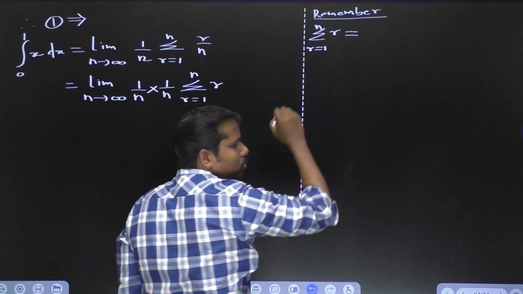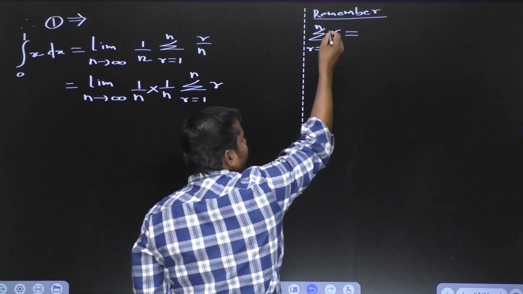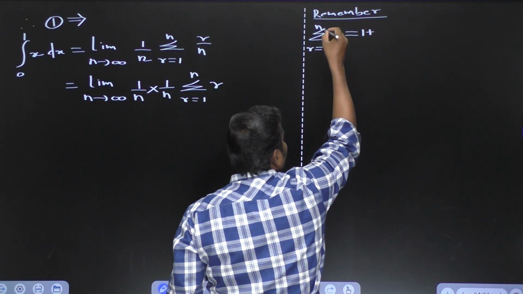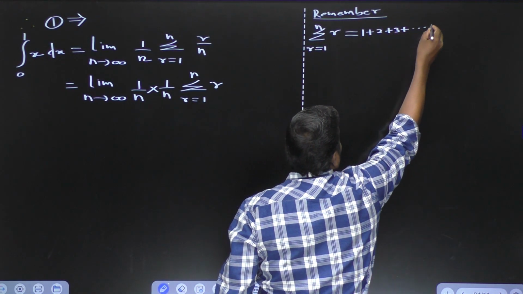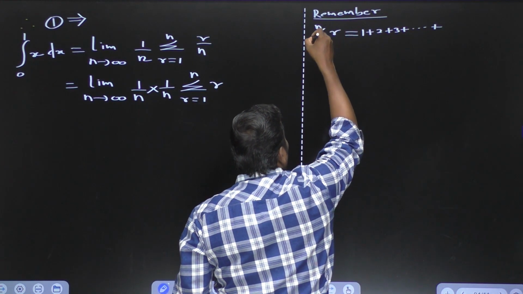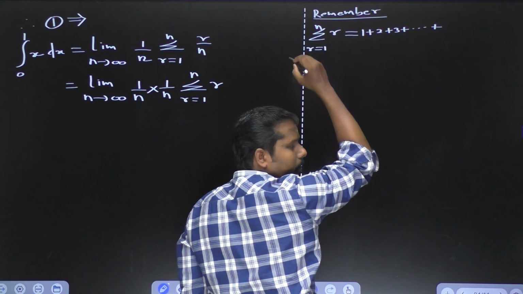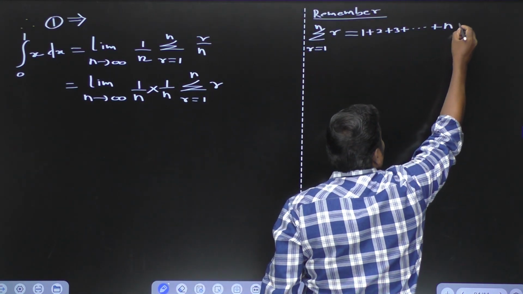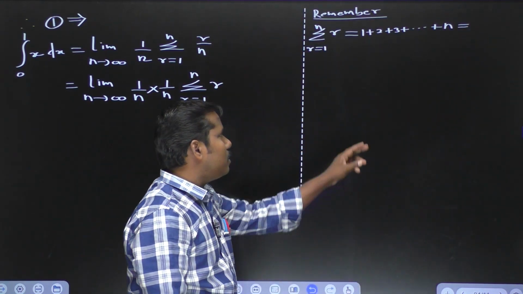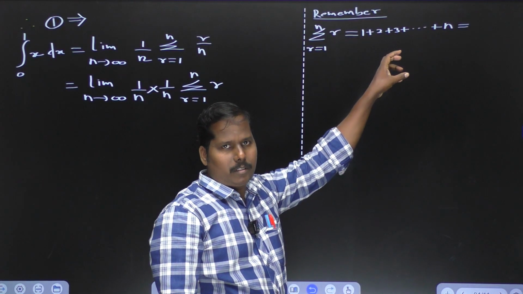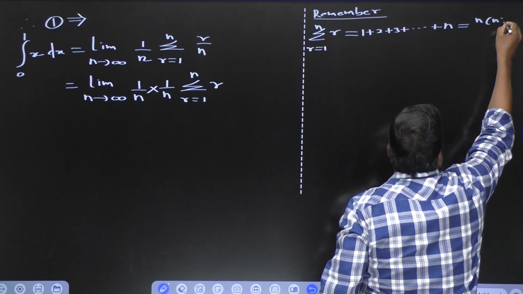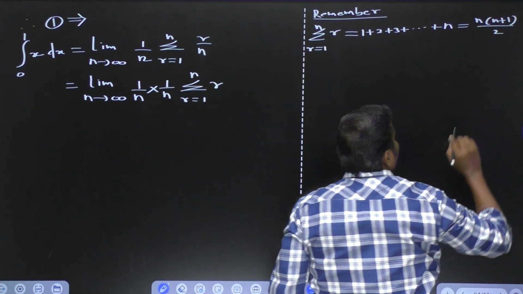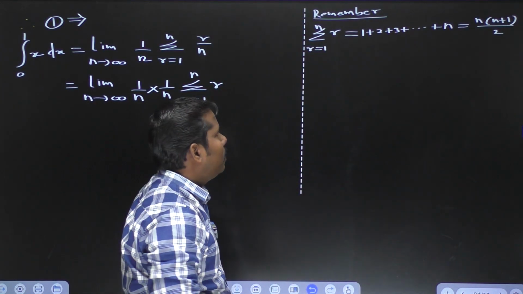If you expand this, you are getting 1, 2, 3, plus etc. Final value n. Summation means addition. Last value of r is n. What is the answer for this? Actually, this is nothing but the sum of the first n natural numbers, which is n into n plus 1 by 2. 10th standard result.